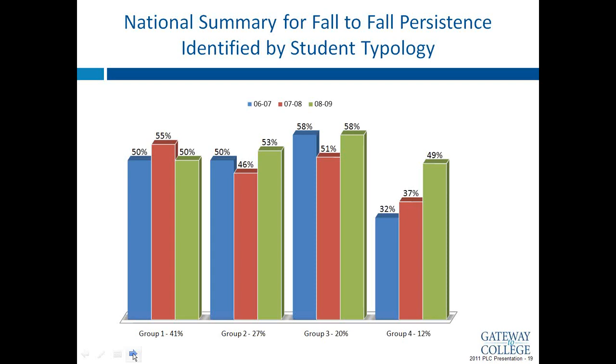We've got group 3 creeping up towards 60%, so doing a little better. Groups 1 and 2 kind of hovering between that 50-55% mark. In group 4, we can see we've really gotten better over the last 3 years observing them. We've moved their fall-to-fall persistence from 32% to 49%, bringing them closer to the statewide average, which is awesome and wonderful.